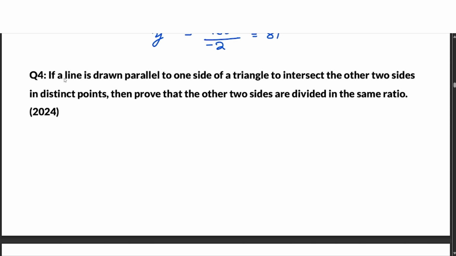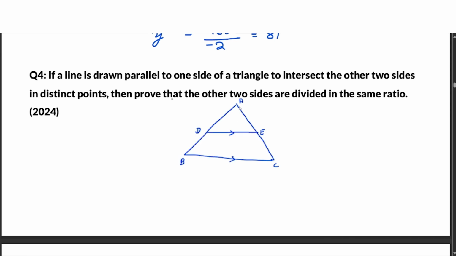It is saying if a line is drawn parallel to one side of a triangle to intersect the other two sides at distinct points, prove that the other two sides are divided in the same ratio. Again we will read it once.